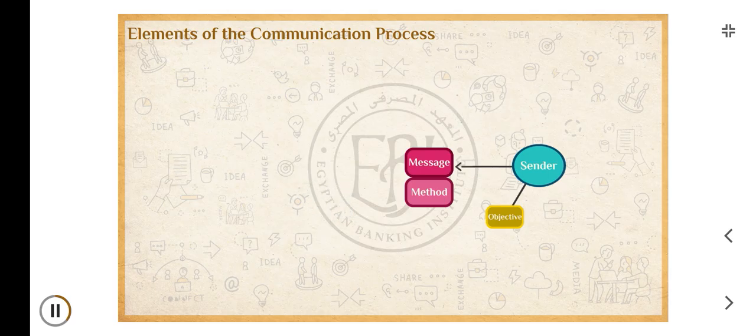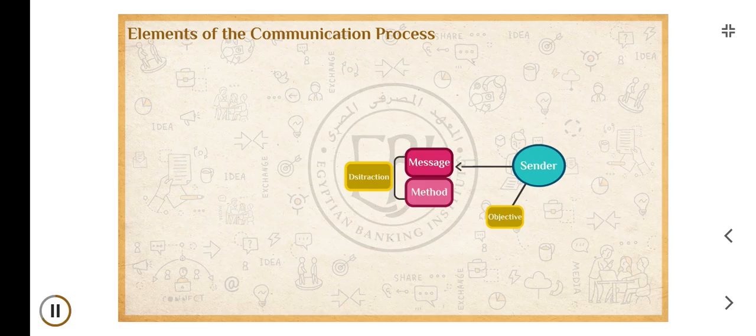The method, whether spoken or not, is the means or channel that the message must pass through. It is important to highlight that there is an area of distraction or noise that affects the message and the method, and this interference is called the external environmental factors that may limit the message delivery.